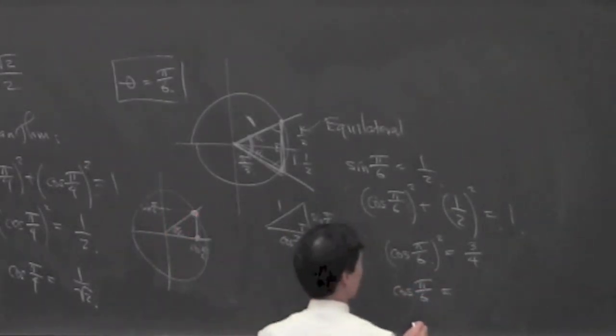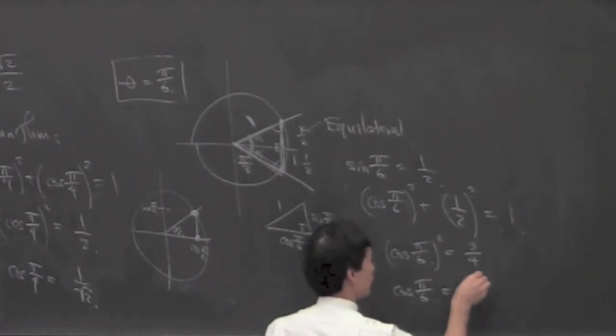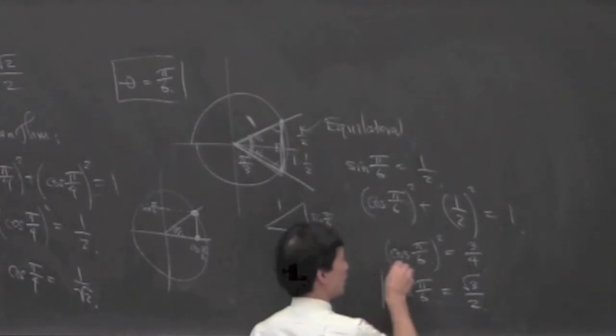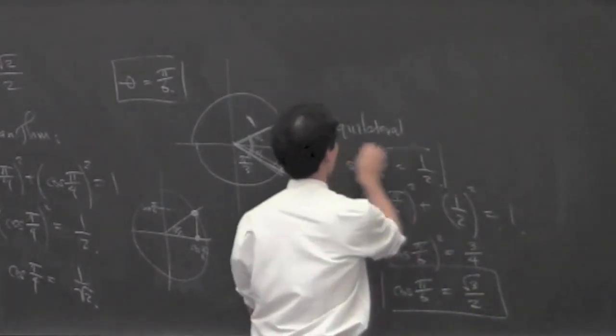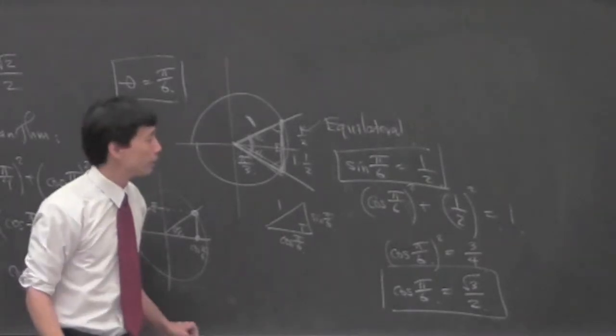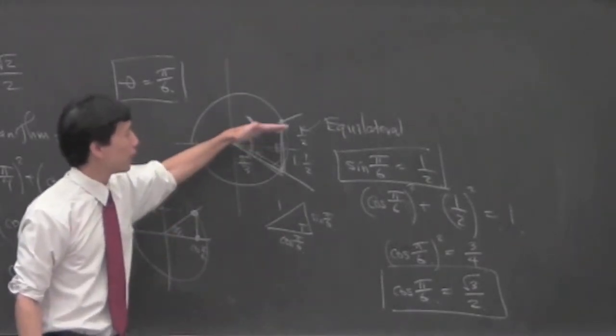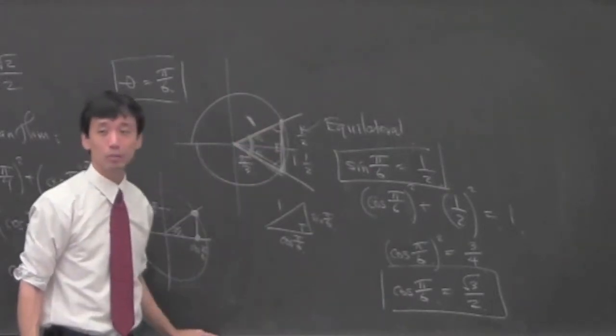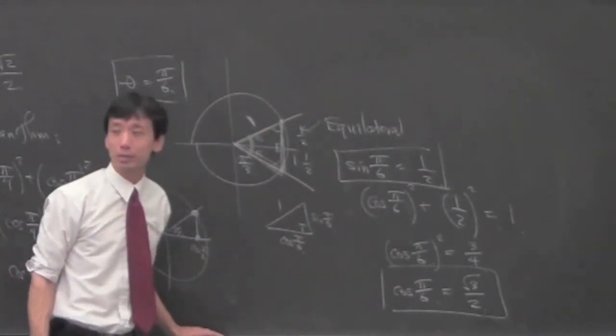We know it's positive again for the same reason. So we get root 3 over root 4, which is 2. So cosine is root 3 over 2. This is how you figure out that the cosine is root 3 over 2 and the sine is 1 over 2 for pi over 6.